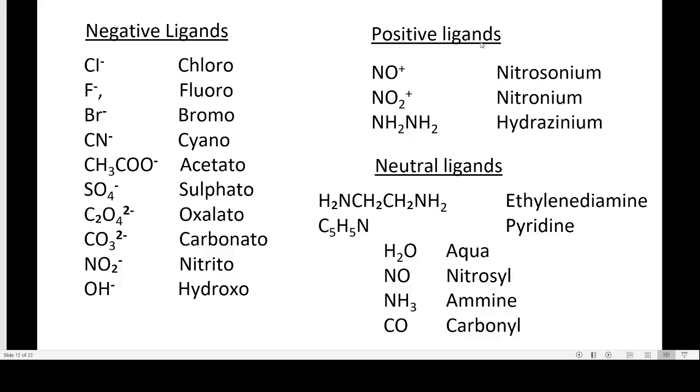For positive ligands, it ends with IUM: nitrosonium, nitronium, hydrazinium. For neutral ligands, the name is kept as such, ethylene diamine, pyridine. But for some neutral molecules, the commonly used names are: for water molecule, aqua; nitrosyl for NO; for NH3, ammine; for CO, carbonyl.